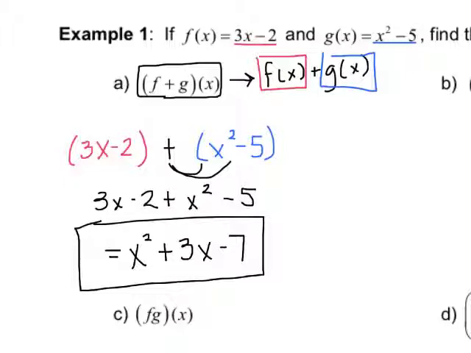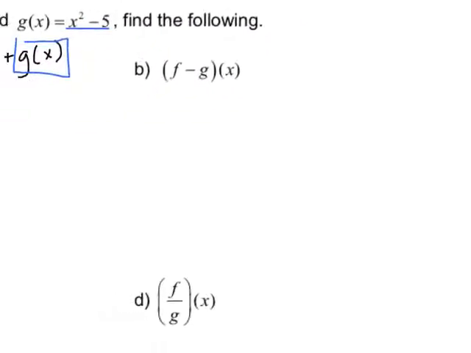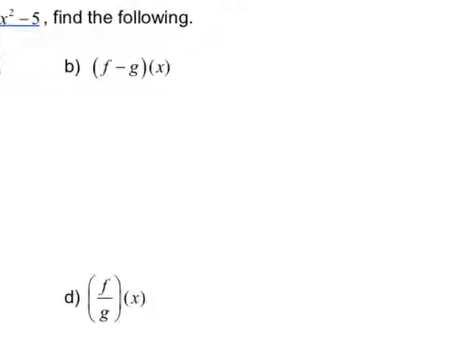All right, let's do question B. Question B looks very similar, but there's a minus sign in between. So it is going to be a very similar setup. I'm going to do f of x, again I'll just rewrite it so that I can see what I'm doing, minus g of x. I'm going to take my f function and then subtract my g function from it.